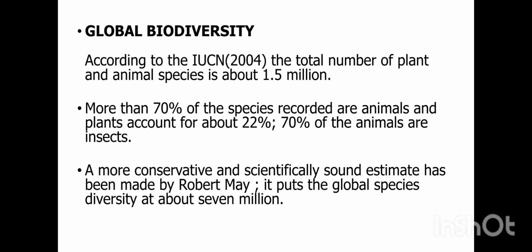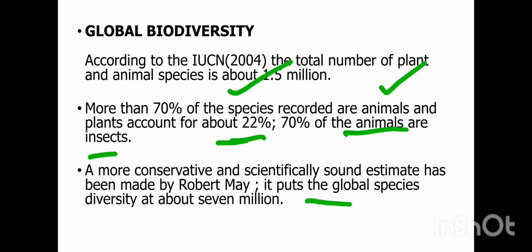That means more than 70% of the species are animals, plants are only 22%, and 70% of the animals are insects only. A more conservative and scientifically sound estimate has been made by Robert May.